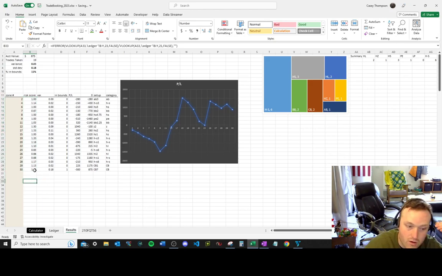We look at slippage, and if I mess up and do more contracts than normal, in that trade it was supposed to be two. Oh, I clicked and it was three, or I clicked twice and it's actually four contracts twice. All that will be accounted for and shown.